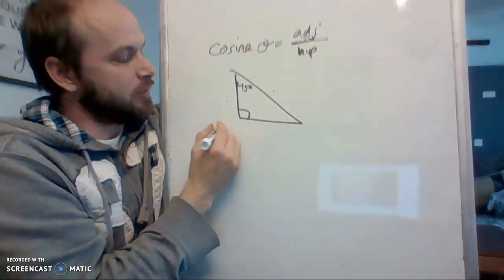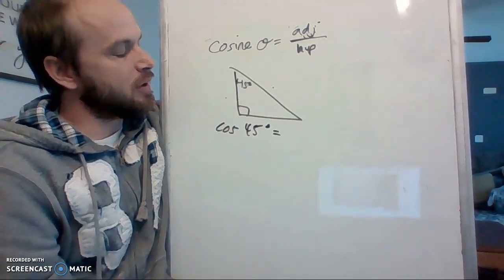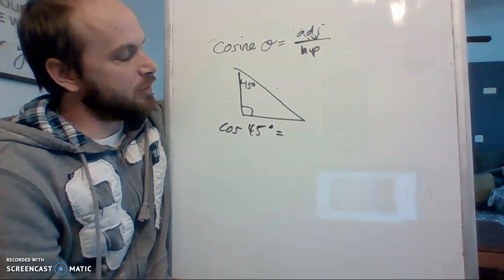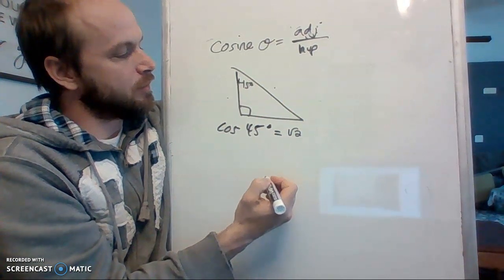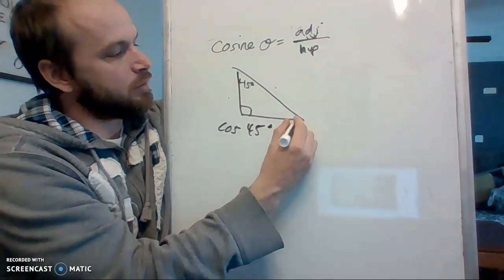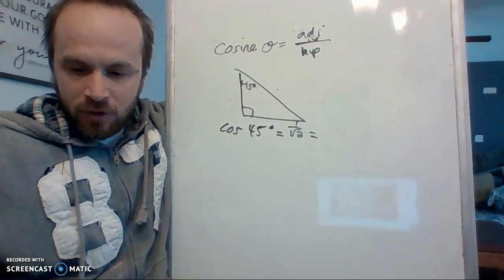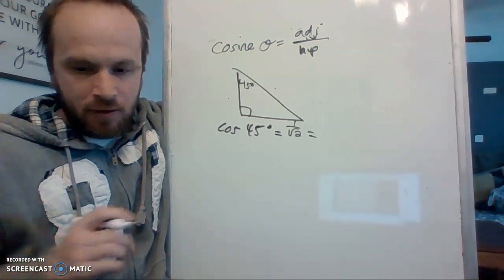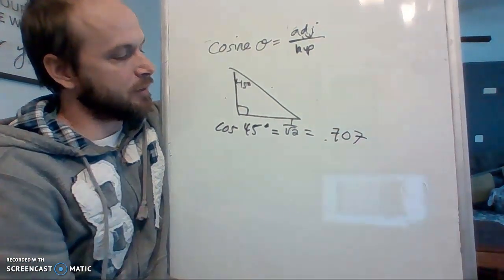If you type 45 in your calculator and take the cosine, you should end up with, let me think for a minute here, 1 over the square root of 2, which gives you a decimal approximation of 0.707. So it's kind of a weird number.